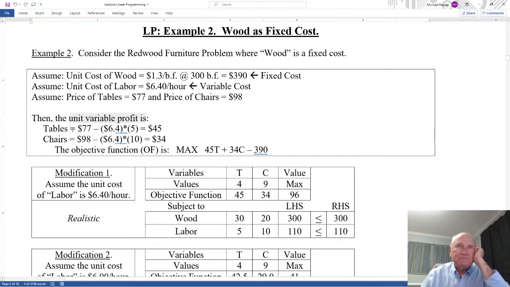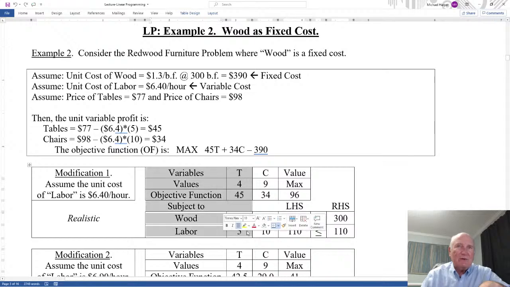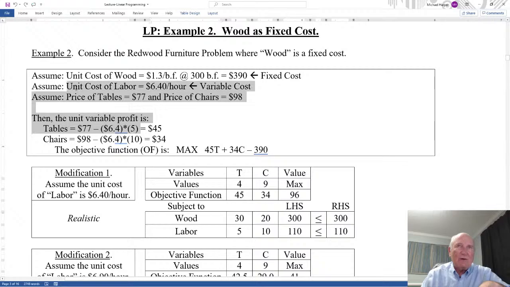Okay. Well, right here, for each table, one table, I'm going to have $77 of revenue minus a variable cost of $6.40 an hour times 5 hours. Why 5 hours? Well, remember, in the formulation, every table required 5 hours of labor, and every one of those hours cost $6.40 an hour.